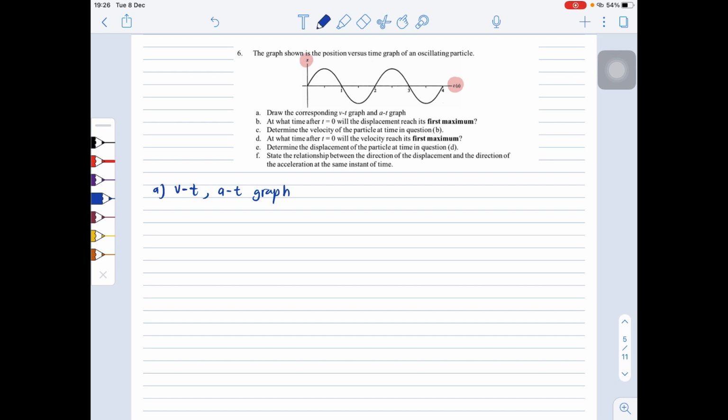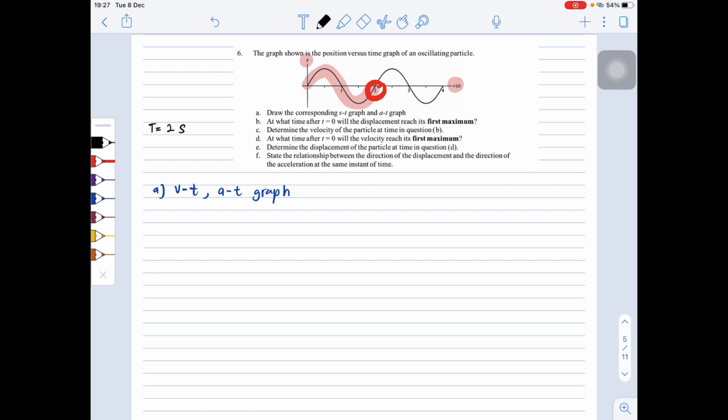Okay, so before we can draw the graph, kalau kita tengok dekat sini untuk graph xt ni, first we take out the information that we can get. Kita ambil information dahulu apa yang kita boleh dapat daripada graph ni. So we know that for one complete cycle, this value of 2 adalah sama dengan the value of period, which is equal to 2 seconds.